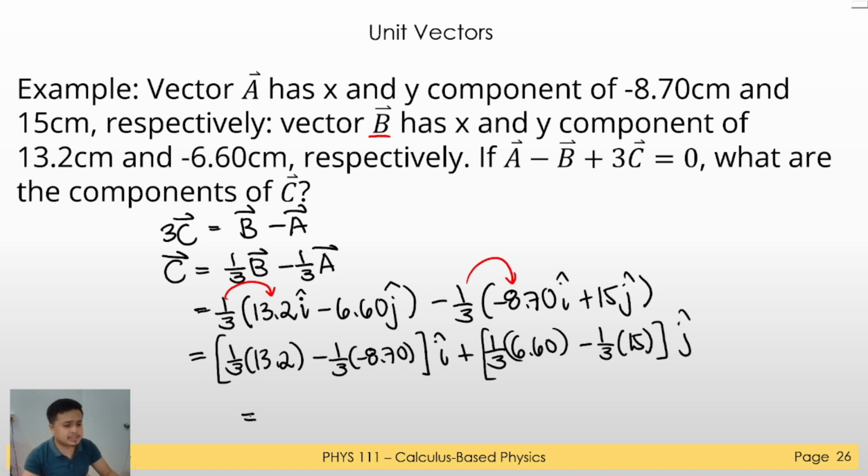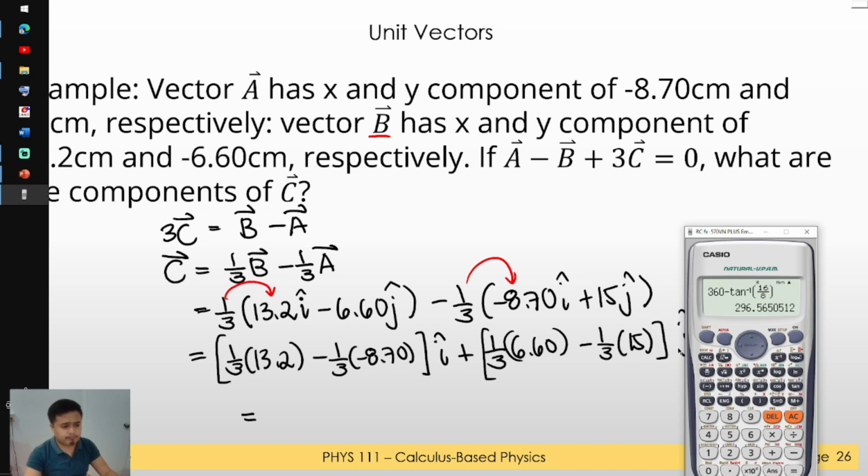So simplifying this using our calculator, we have here 1/3 times 13.2 minus 1/3 multiplied by negative 8.7.